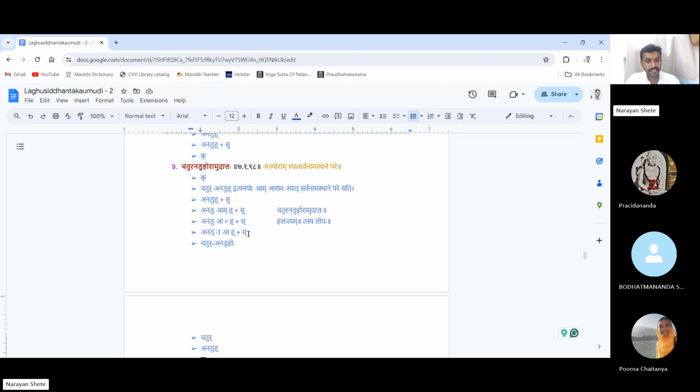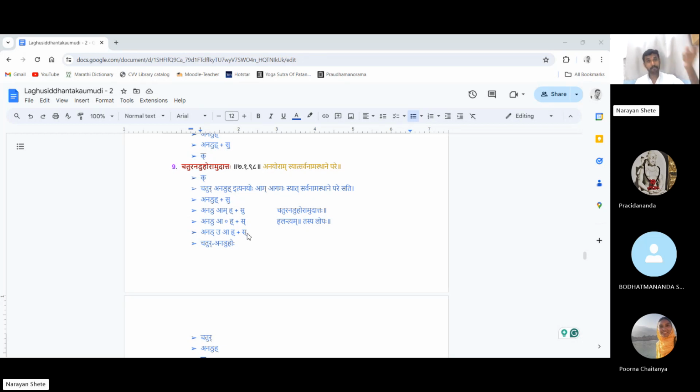Okay? It has a common area, general area, correct? It is utsarga vidhi. Whenever there are sarvanama sthana pratyayas in front of anaduh, then am should happen. That is utsarga vidhi. Now next, sau pare sati anaduh kim syat? Num syat. So here the more specific one is there.